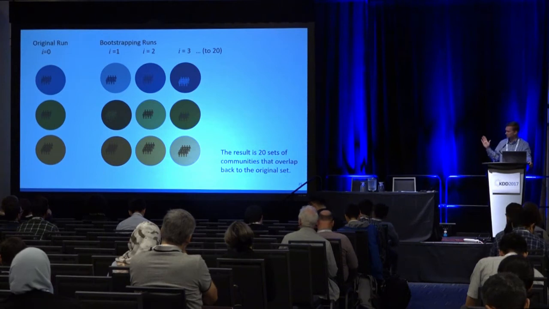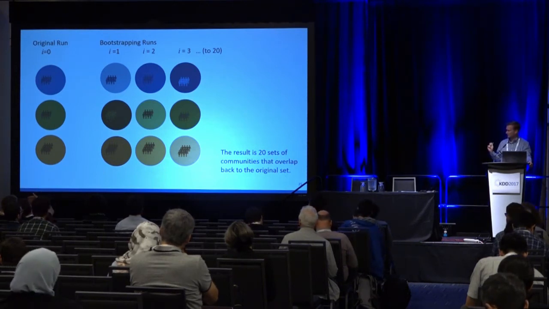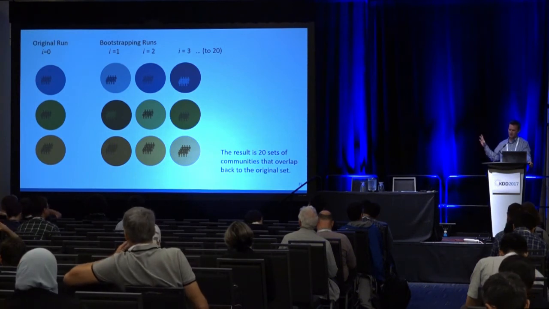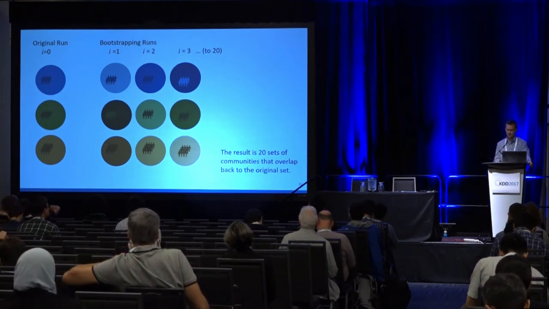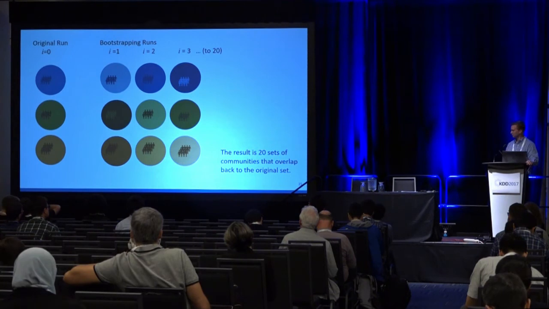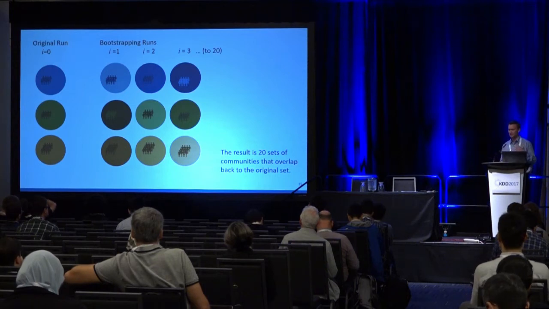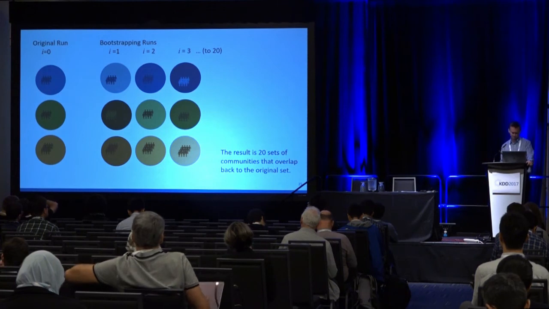We do this 20 different times, and the result is 20 sets of these subsetted community structures and how they map back to the originals. Individuals are then included in these different bootstrapping runs, and we can look at how the individual falls into these different communities to get an idea of how stable they are to any particular population.